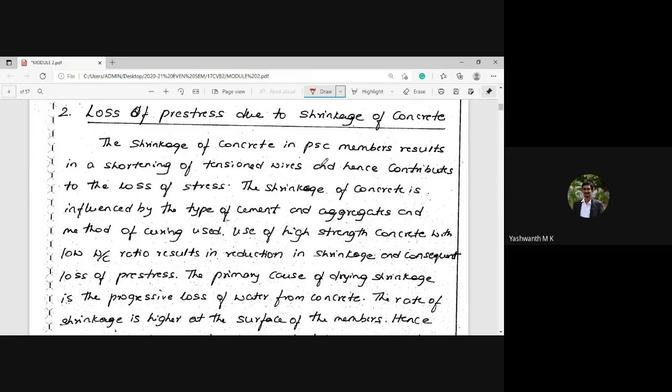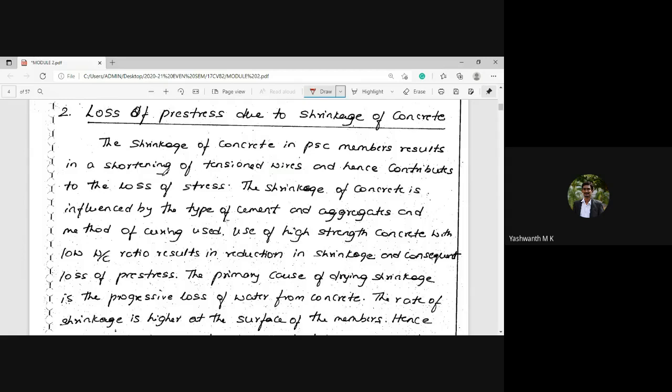So with this context, let us know further. The shrinkage of concrete in a PSC member results in shortening of the tension wire, and hence contributes to the loss of pre-stress. Whatever wires have been put in by tensioning inside the concrete beam will undergo a change in length, or shortening in length, which will contribute to the loss of pre-stress.